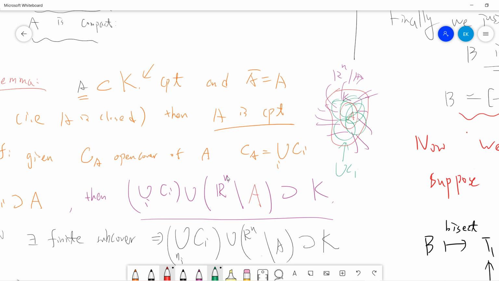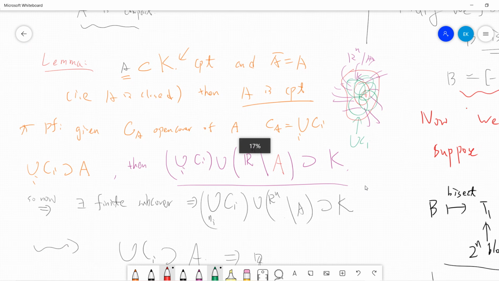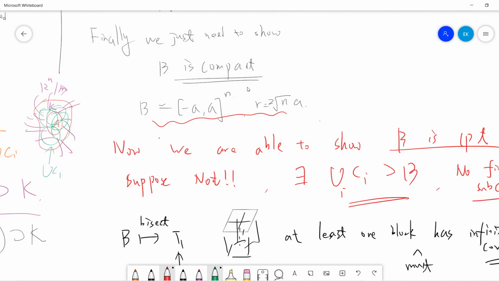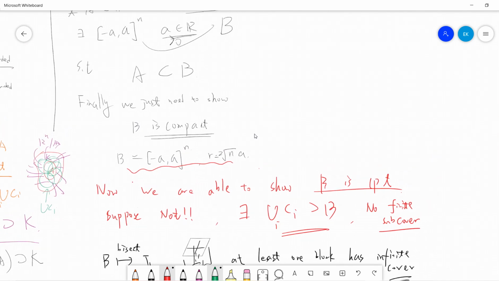So the union with R^n delete A will cover K. By definition, K is compact, so there is a finite subcover such that finitely many C_i union R^n delete A cover K. But then such C_i will cover A, so we prove that any open cover always has a finite subcover, by introducing R^n minus A as a mediator. Sorry.